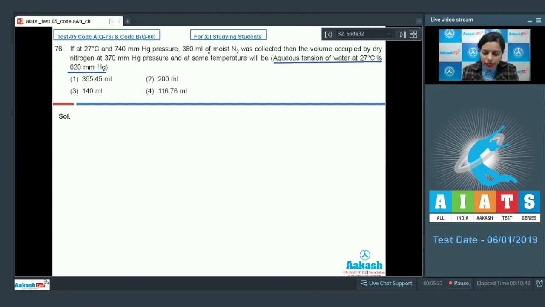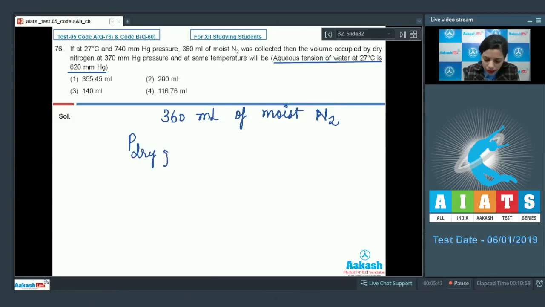So in the first case, we have 360 ml of moist nitrogen, but we should always know that the pressure of dry gas is equal to the pressure of moist gas minus aqueous tension.